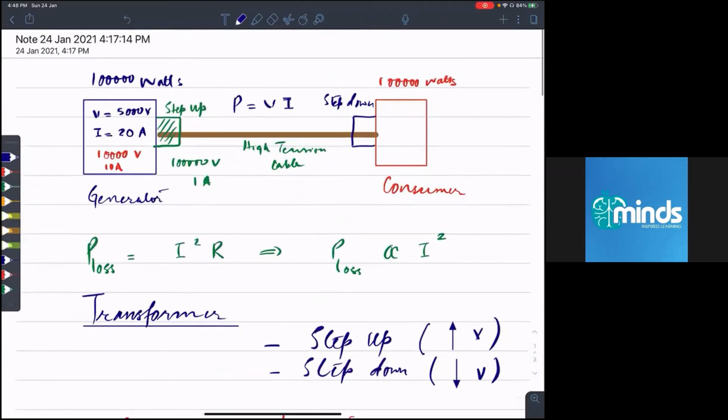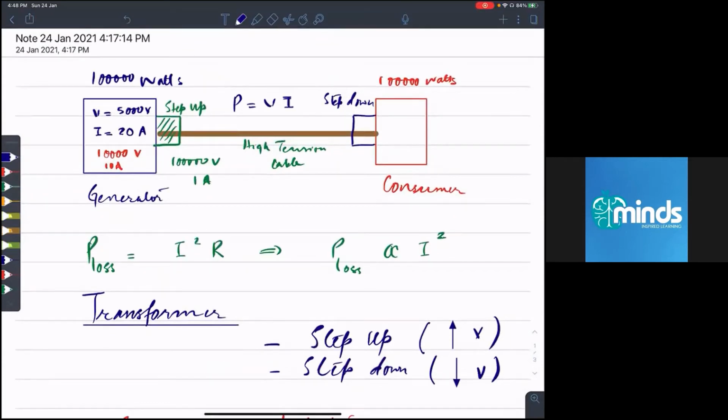The purpose of a transformer is to increase or decrease the voltage, but it cannot alter the value of power. Both the powers are the same, because power means energy per unit time, and energy can neither be created nor destroyed. So there is no way of generating just 100,000 watts and transferring 150,000 watts. Output power will be less than input power under real circumstances.